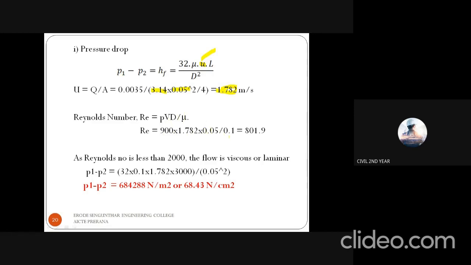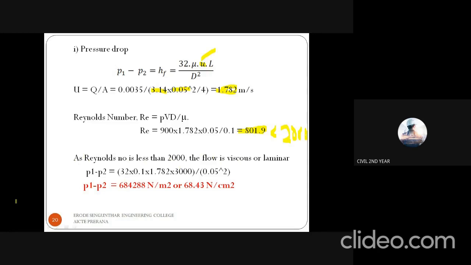All the data is given in the problem, so directly substitute here and we will get the value of 801.9. This number is less than 2000. So in the given problem, as the Reynolds number is less than 2000, the flow is viscous or laminar.